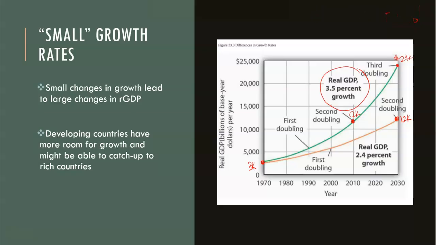Now, one thing that is useful about this is that it means developing countries or developing economies might actually be able to catch up to the developed world, right, or the wealthier nations. Because typically as your economy gets more advanced, the growth rates slow down. Developing countries have more capacity for growth.